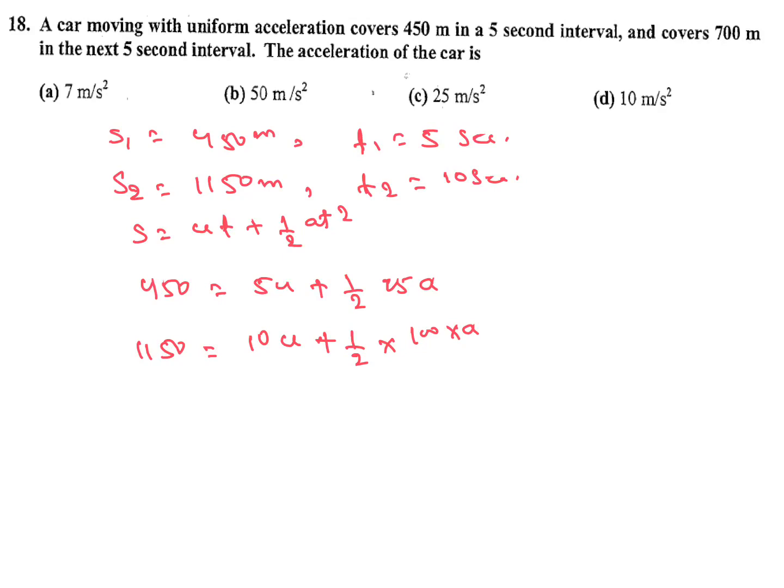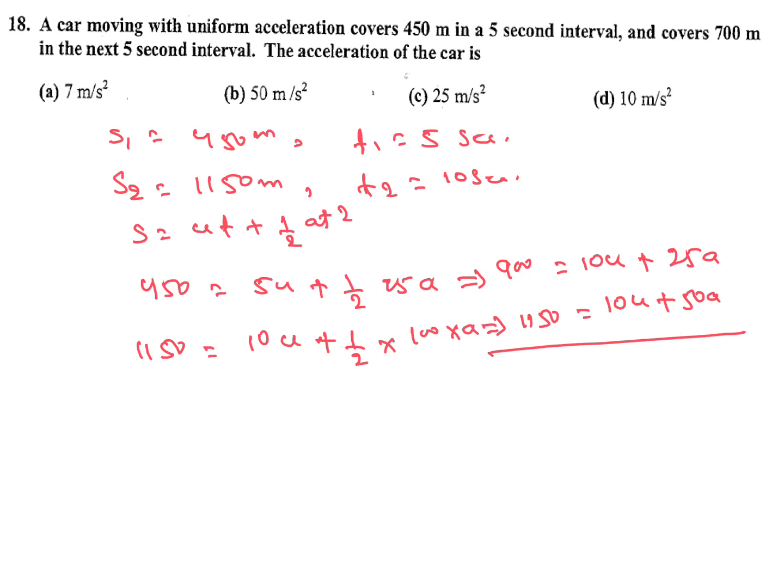So here we will multiply by 2: it's 900 equals 10u plus 25a, and 1150 equals 10u plus 50a.